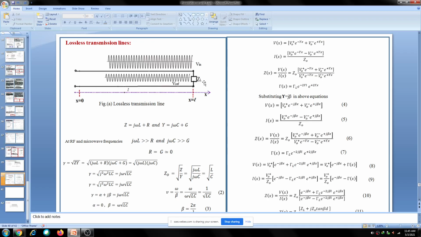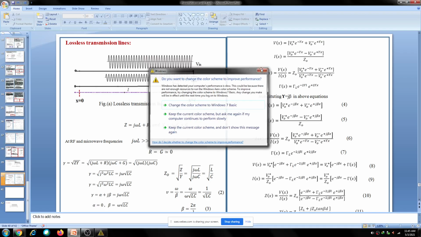If ZL is Z0, then no wave will be reflected. If ZL is 0, then the entire signal will reflect back like this. Based on ZL, a reflected wave will be generated, and its amplitude depends on ZL.